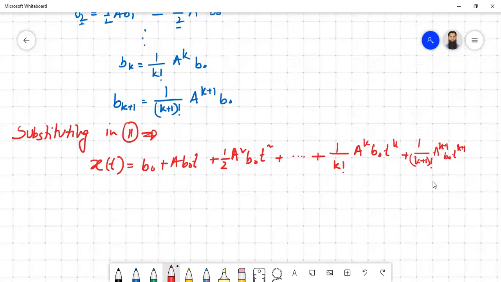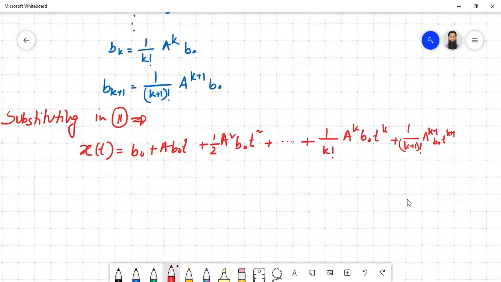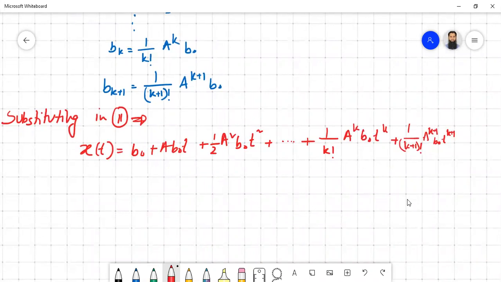Okay, so now in this equation, what we can see is that b0 is common throughout the equation, so you can just take a common of that thing.